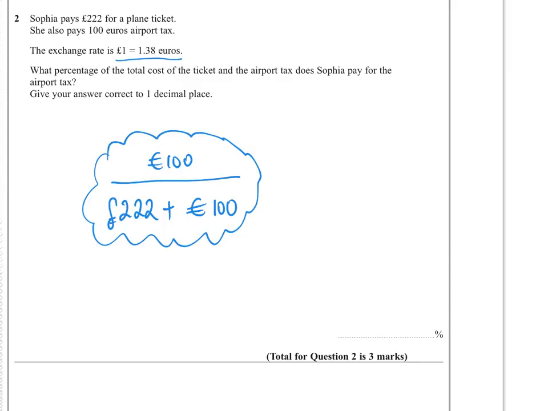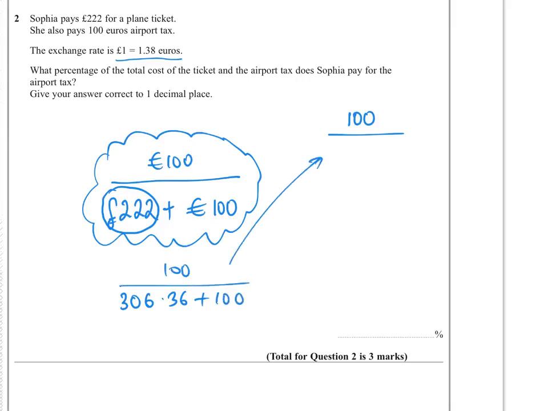So if you see what I'm doing here, 100, that's in euros, and that's for the airport tax, and I'm just going to convert this £222 into euros. So I'm going to do 222 times 1.38, so that gives me 306.36.